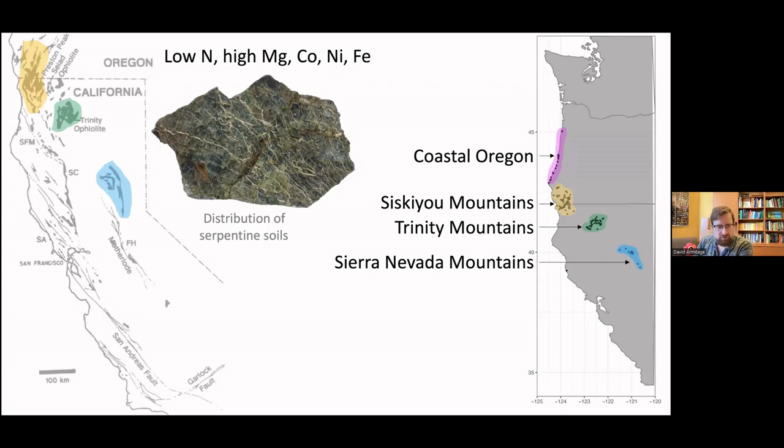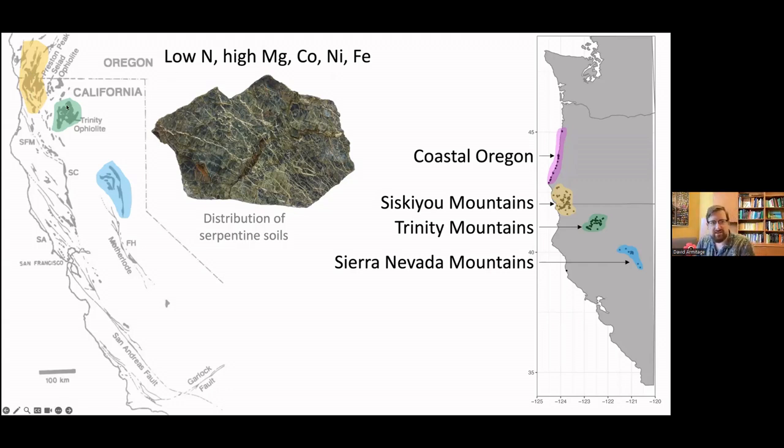Another thing you want to look out for when you're looking for Darlingtonia and trying to associate it with some landscape level feature are serpentine soils. And so serpentine is an ultramafic soil that comes from the seafloor. It's generally very low in nitrogen and high in metals like magnesium, cobalt, and nickel and iron.